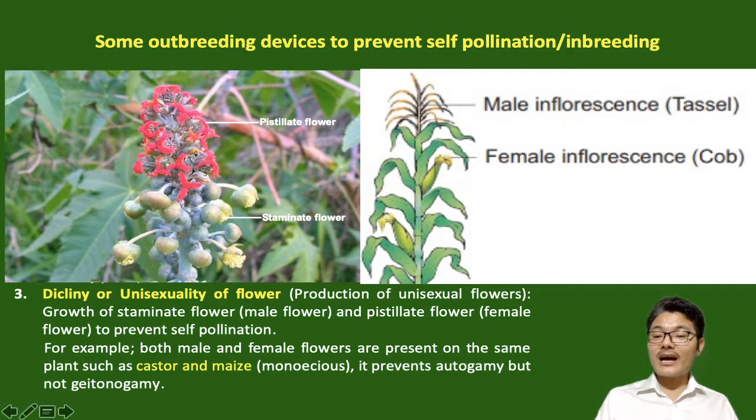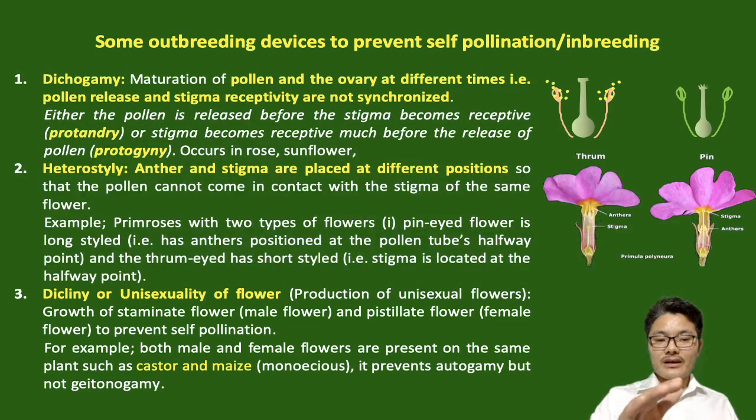So the male flower is the staminate flower, which is usually represented by the tassel. So presence of male and female flowers in the corn plant and in castor prevents self-pollination and helps in cross-pollination. Now these are three outbreeding devices.